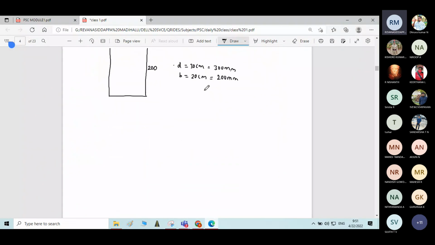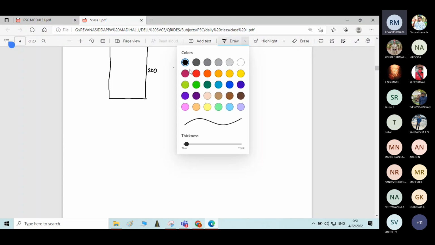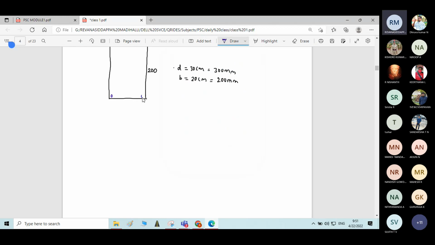Now I'll write the figure for the same. 15 numbers means 1, 2, 3, 4, 5, 6, 7, 8, and at the top 1, 2, 3, 4, 5, 6, 7.